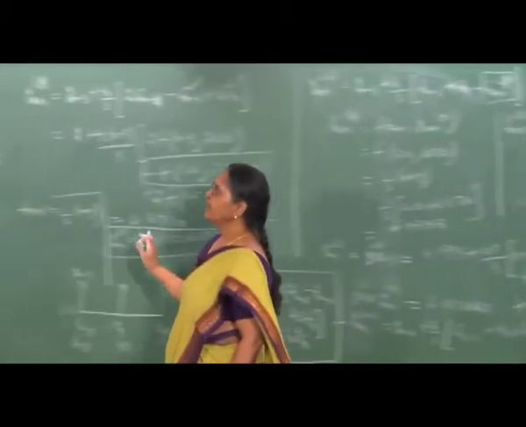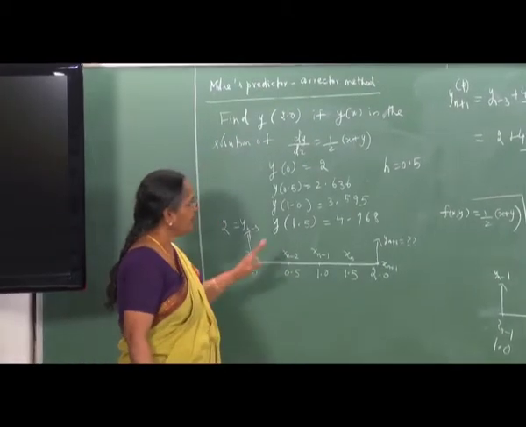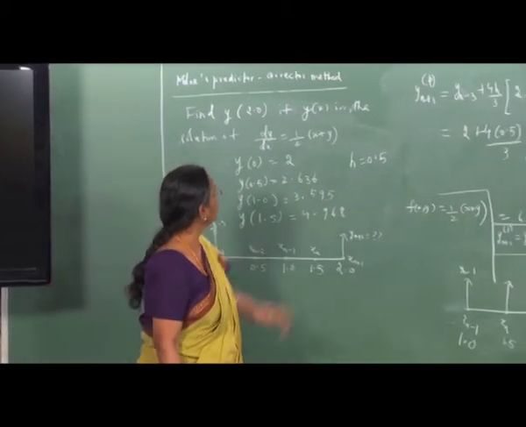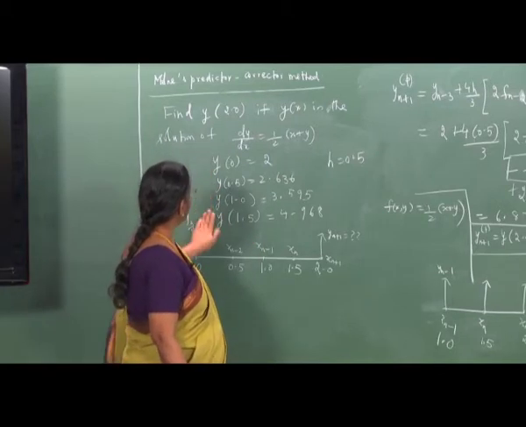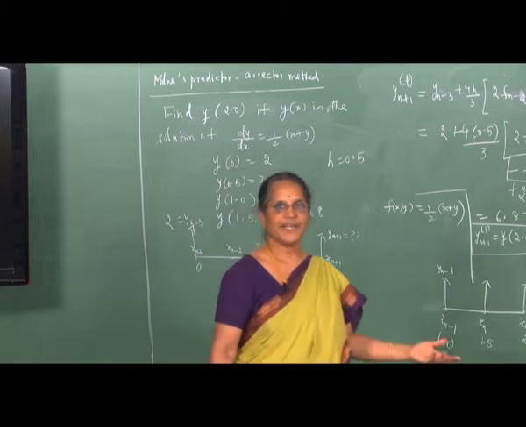So, you have used Milne's predictor corrector method to obtain solution to this problem when you are given information at the previously equispaced points.